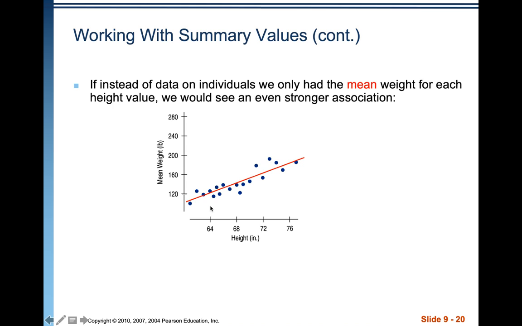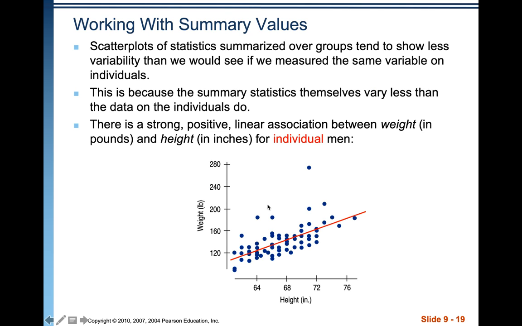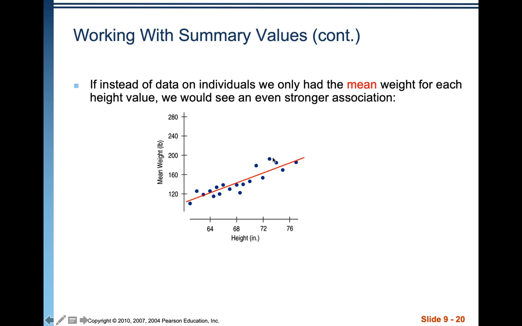If we do that, then you take all the men who are 64 inches tall, you average all those weights together, and then that gives you your data value. Okay, so this guy over here who's about 71 inches tall, who weighs more than expected, he's going to have maybe a little influence on the point in that general area, but not as much as before.